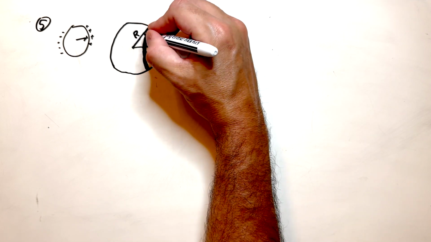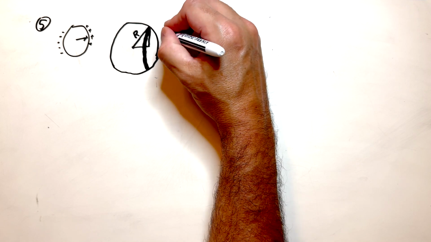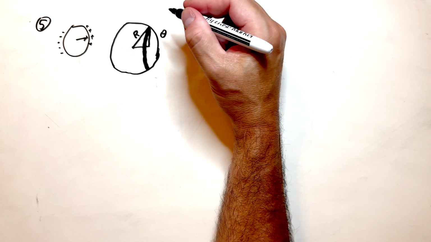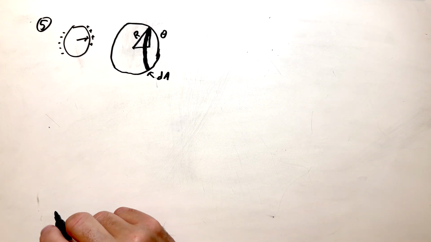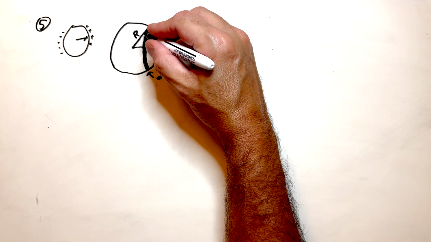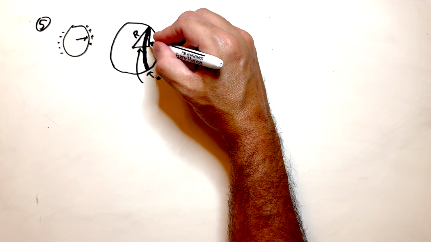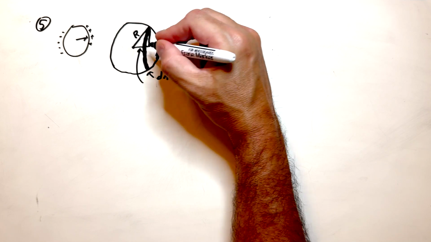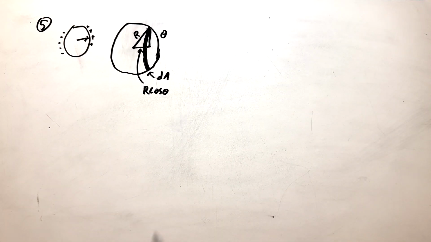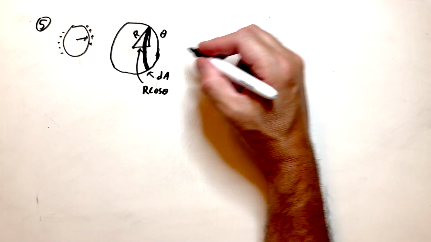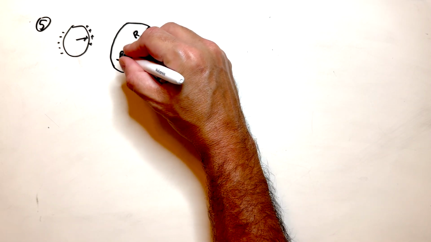Okay, so this distance is r. This angle is theta. And I want to consider this little area element here. But the distance from the center of the sphere to this point here is r cosine theta. And our polarization direction, P, is this way.